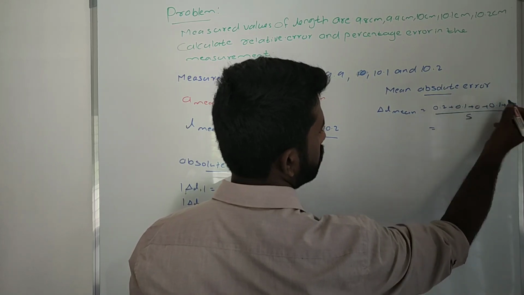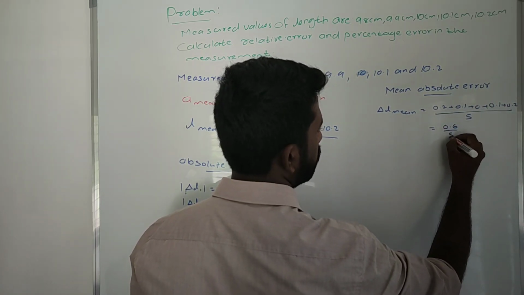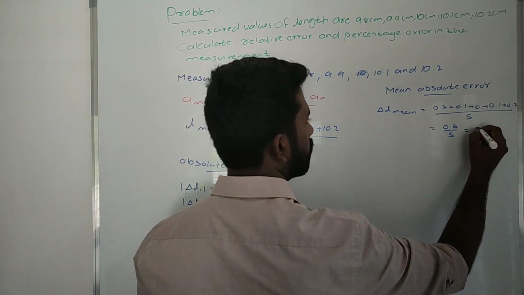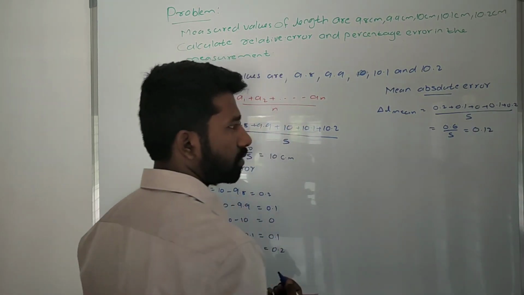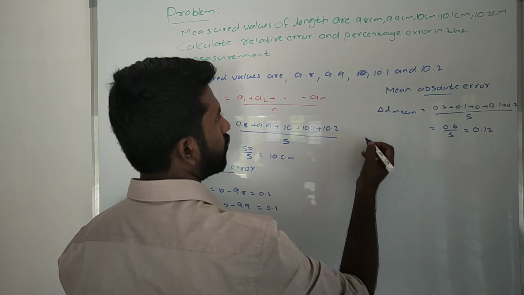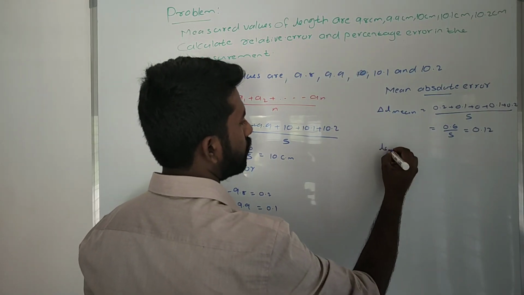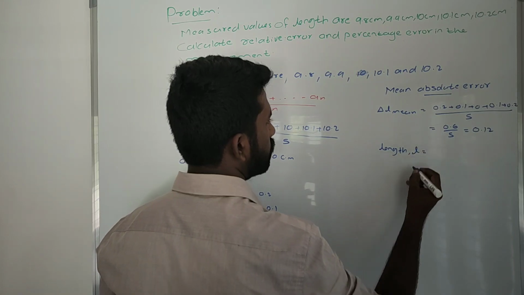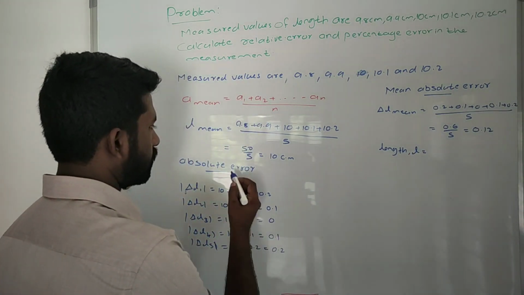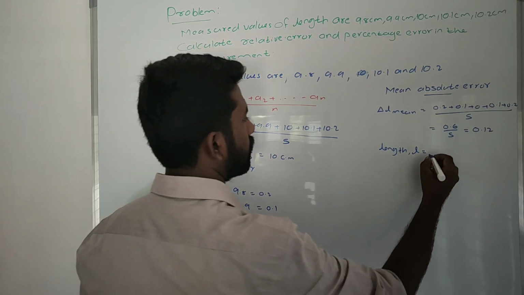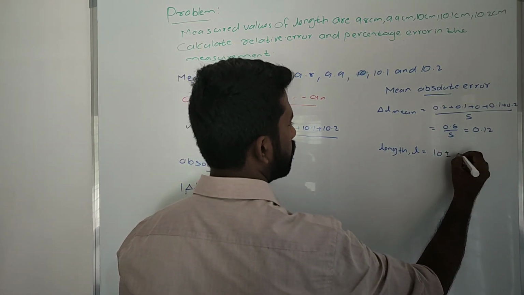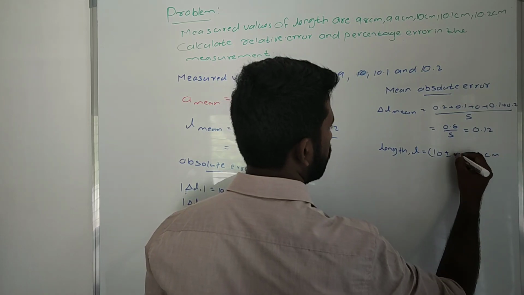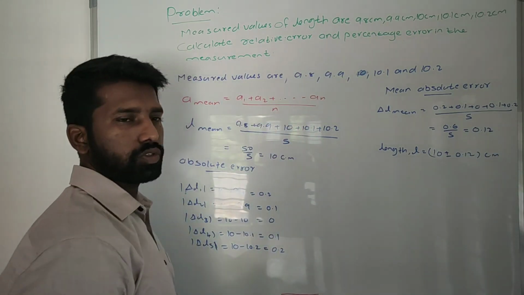So this is 0.6 by 5, and you will get 0.12. Now we can write the length. L is equal to the mean value, the true value, 10, plus or minus 0.12 centimeter. 0.12 is the maximum possible error.